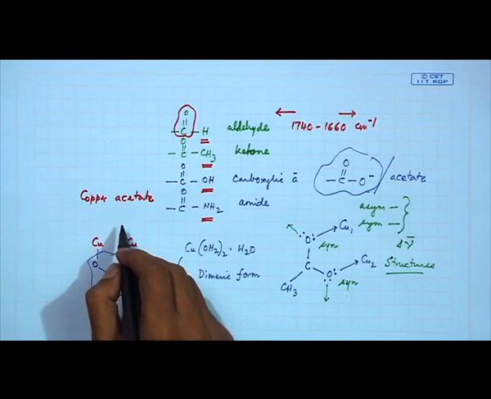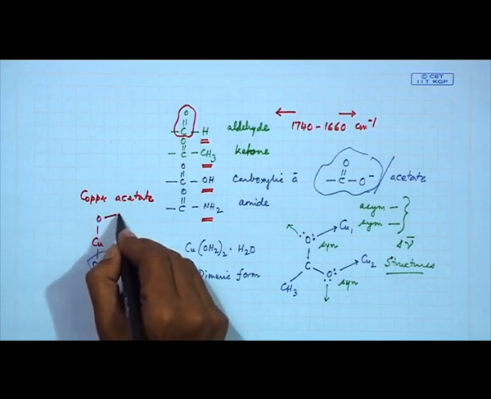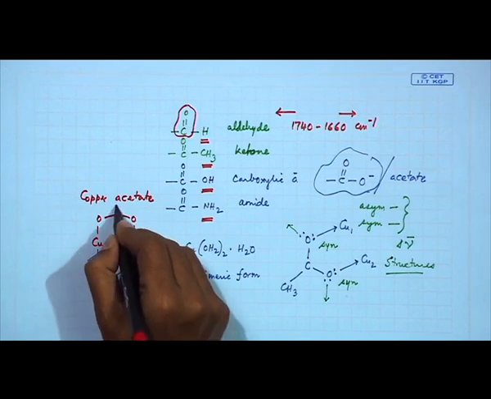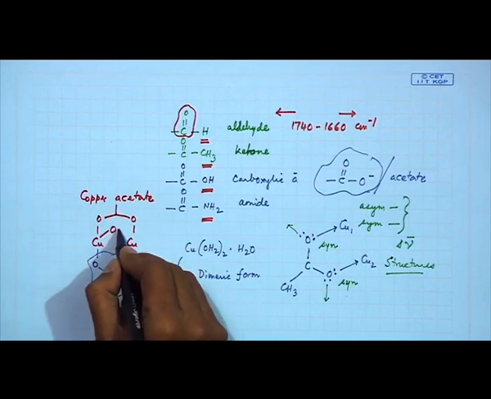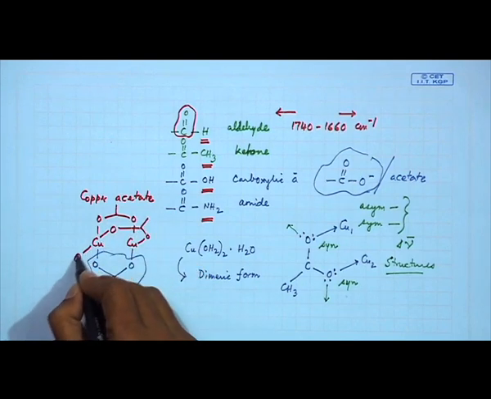So, in this particular metal salt what we have is this. The second one is also like this, then the third one and the fourth one.